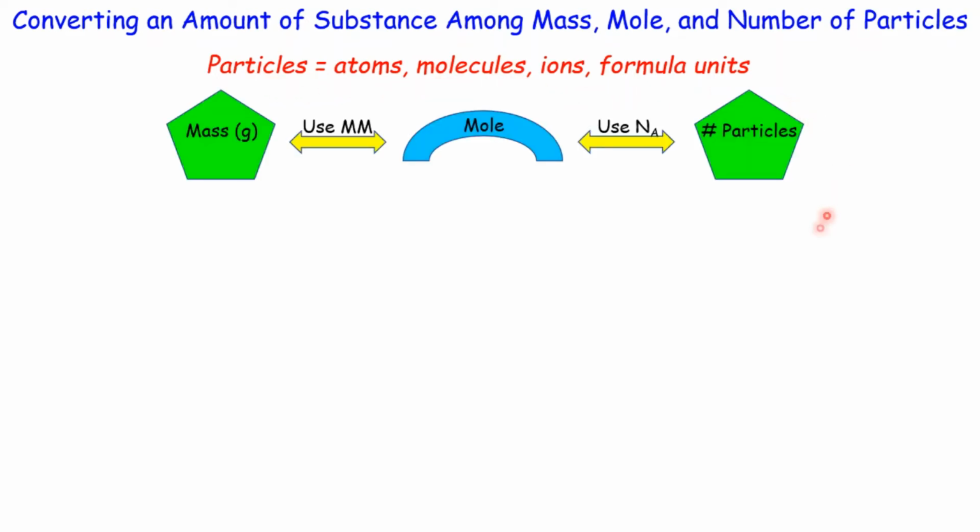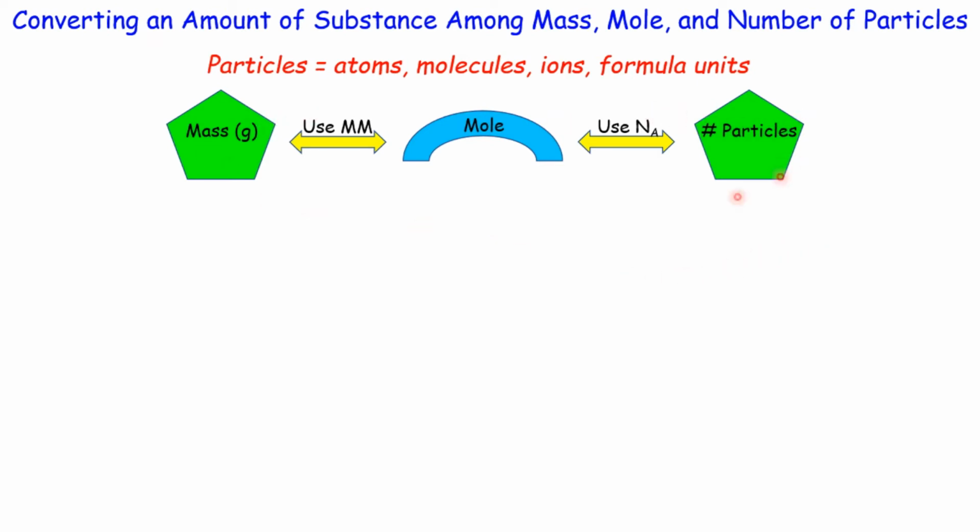Now let's talk about the conversions, different types of conversions among those quantities. Make sure you understand the particles mean here atoms, molecules, ions, formula units, and so on and so forth.